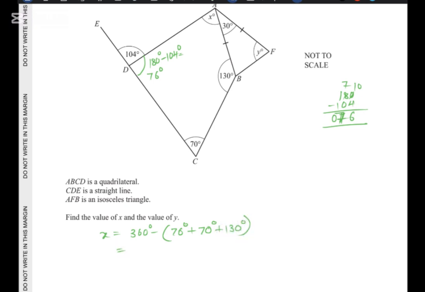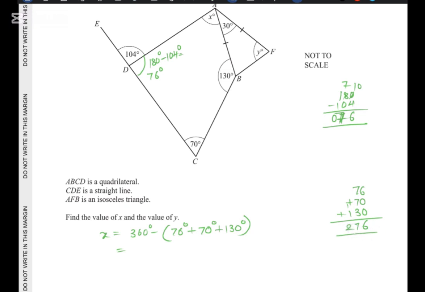First add these numbers, 76 plus 70 plus 130. 6 plus 0 plus 0 is 6. 7 plus 7 is 14 plus 3, 17.